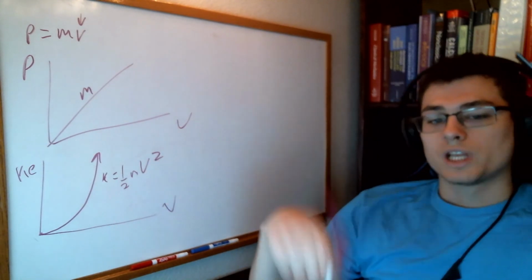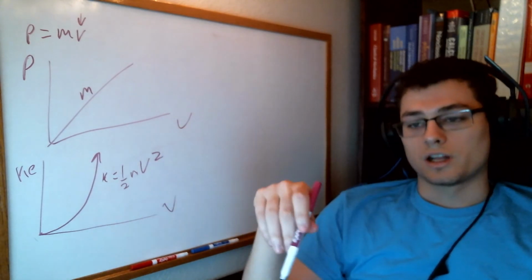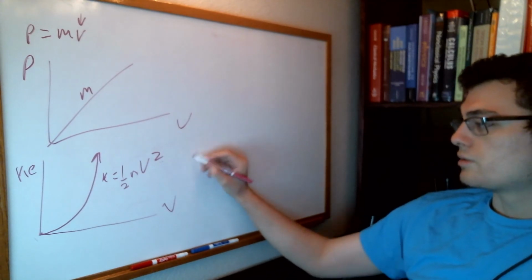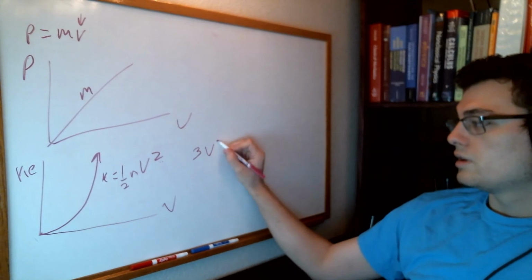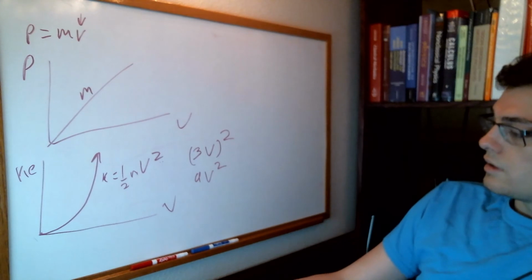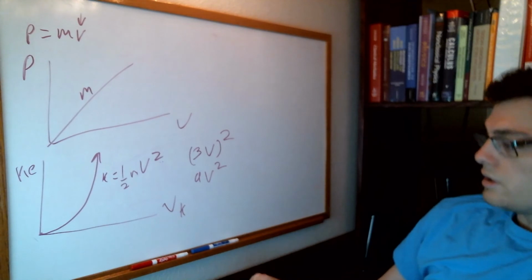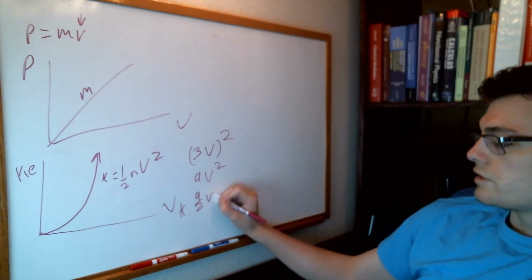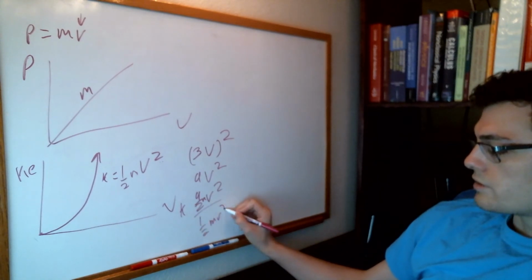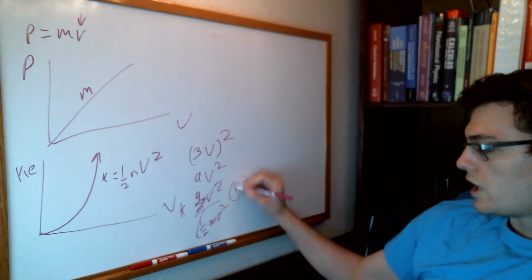So whatever you change v by, that change is going to be squared for the change in kinetic energy. So if you're increasing it to 3v, then you plug that in there, and you'll get 9v squared. And so then your kinetic energy is going to be 9/2 mv squared over 1/2 mv squared. Then you cancel the halves and the mv's, and you'll get that this is a factor of 9.